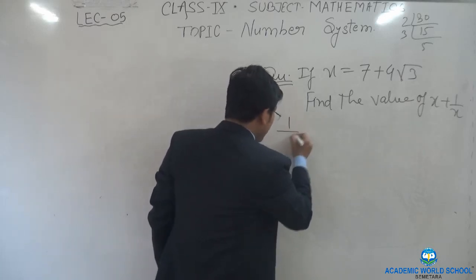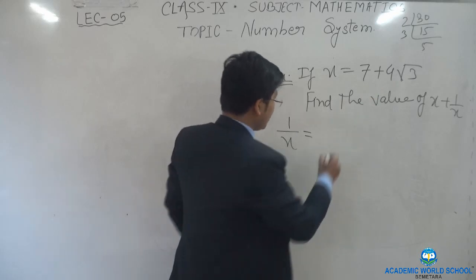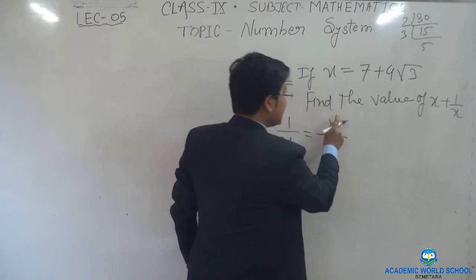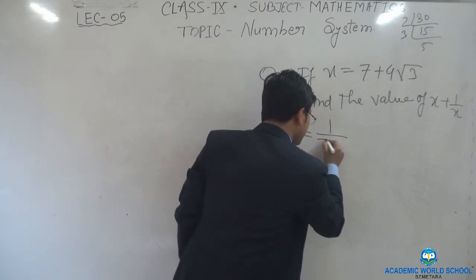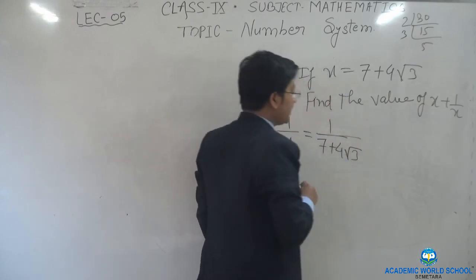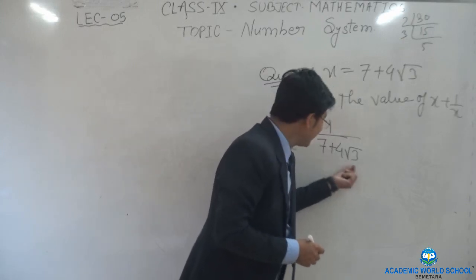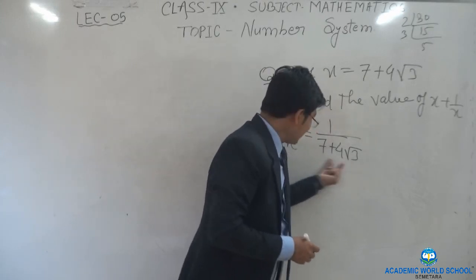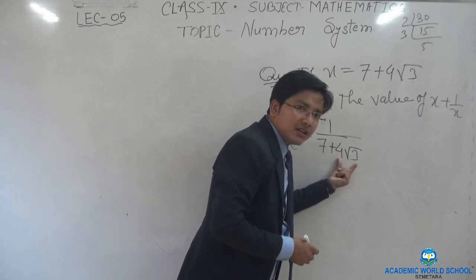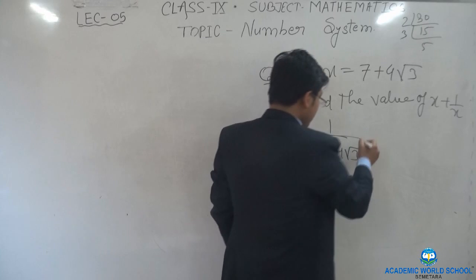So this is 1 upon x, where x is equal to 7 plus 4 root 3. Now we have a radical in the denominator, so I need to rationalize this.